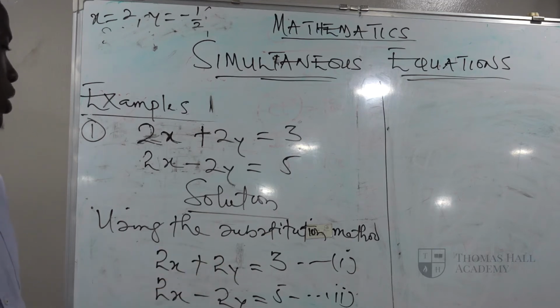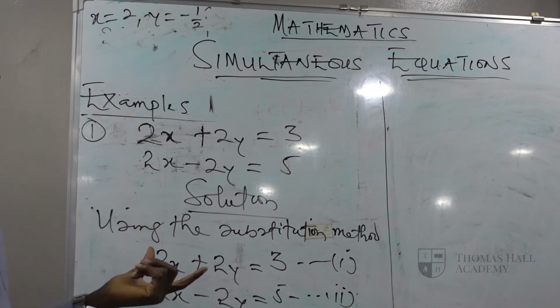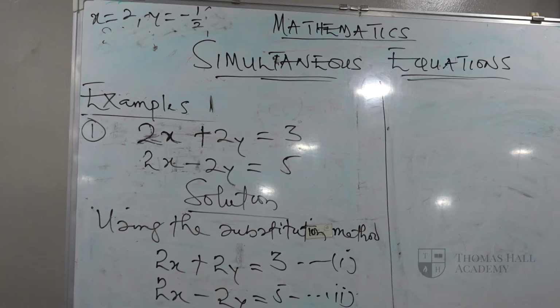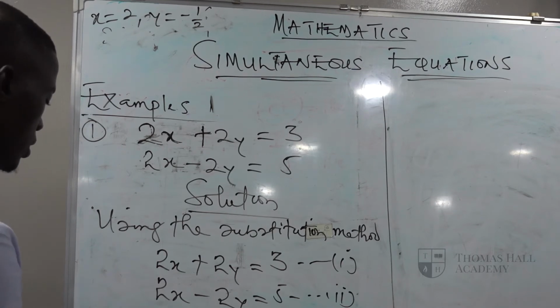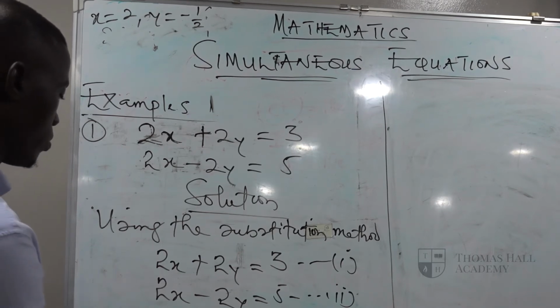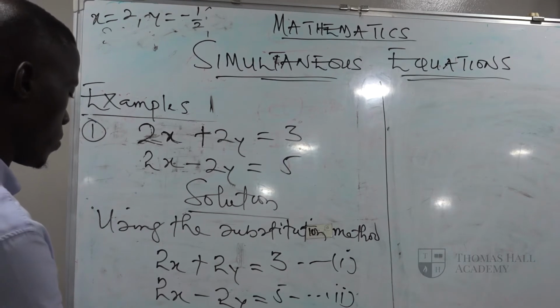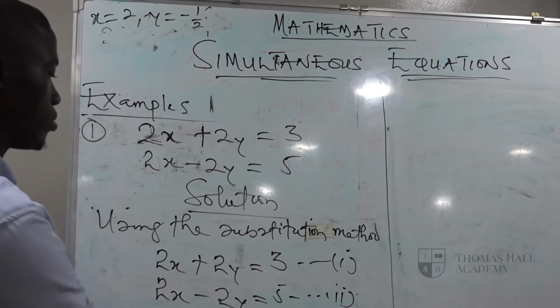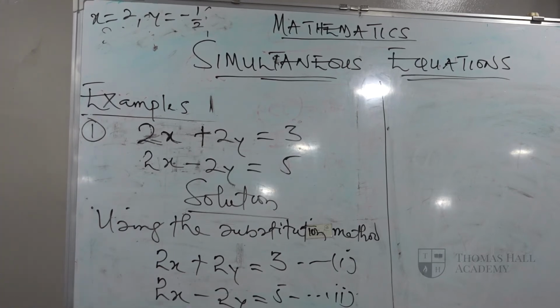In equation 1, I want to find y, or in equation 2, I could find x. Now I want to use equation 1, though some other person might decide to use equation 2.